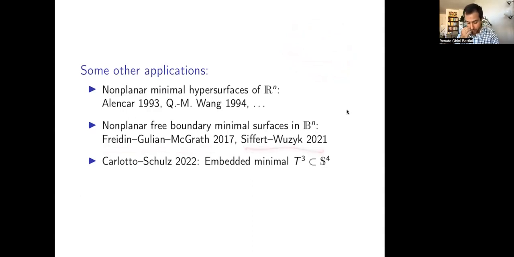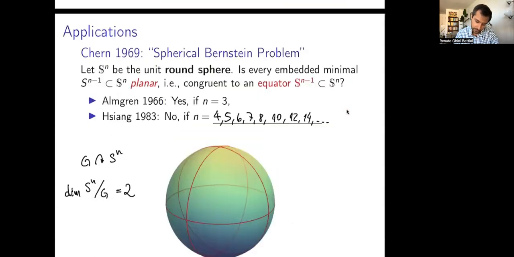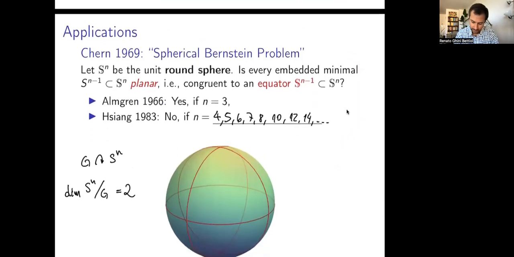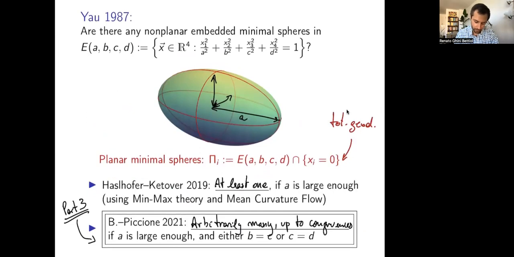And there's some really recent work of Carlotto and Schulz, which prove the existence of embedded minimal 3-tori in the 4-sphere using these ideas as well. One main difference between these applications, these 3 applications, as well as Chern's problem solved by Xiang and the question on ellipsoids, is that on the ellipsoids, the quotient has no Killing fields.